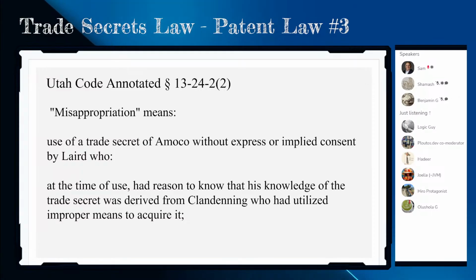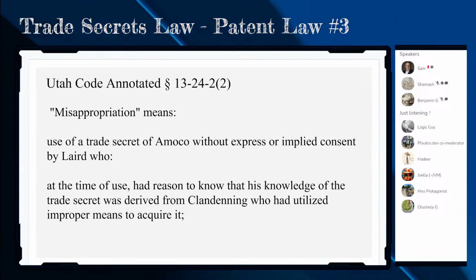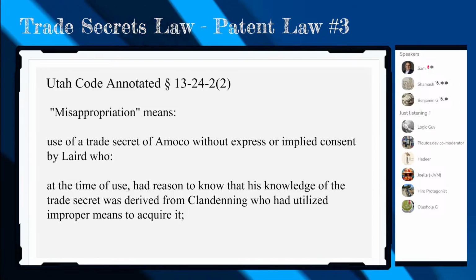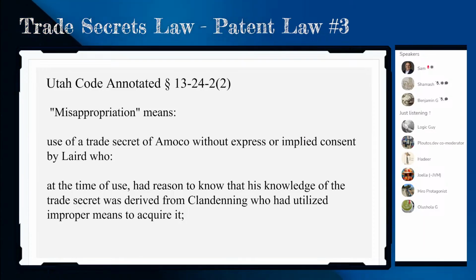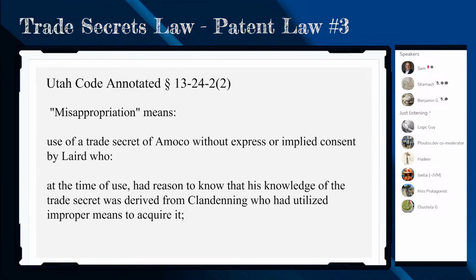So that is the law on misappropriation, and if you look at this, we see that Laird did use. Let's just gloss over the term trade secret and just call that confidential information. So we see that yes, Laird indeed used confidential information of Amoco without having express or implied consent of Amoco.